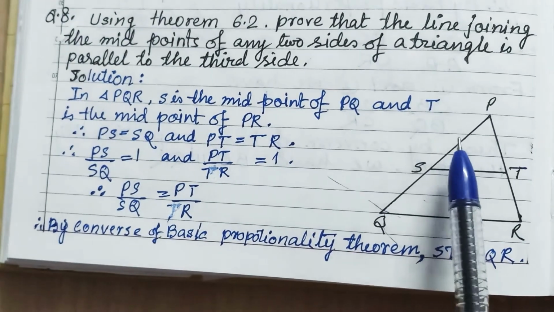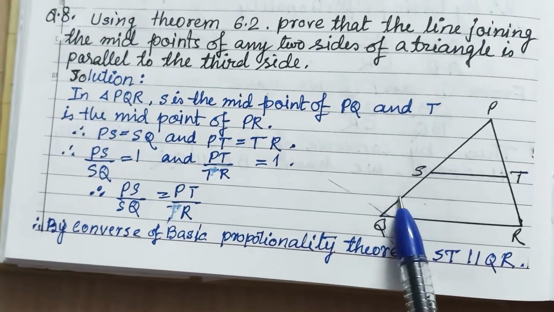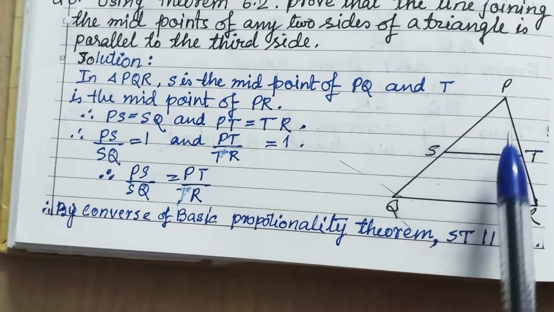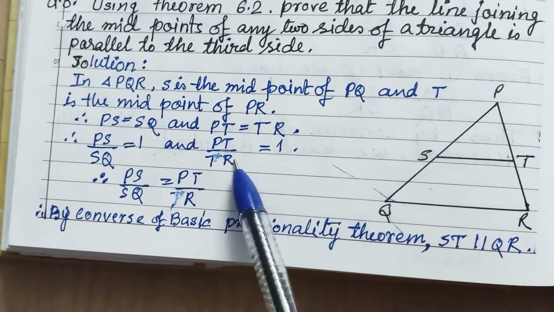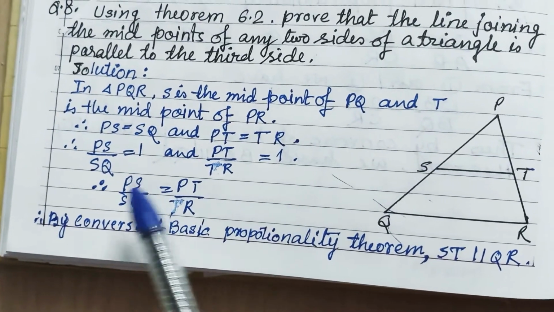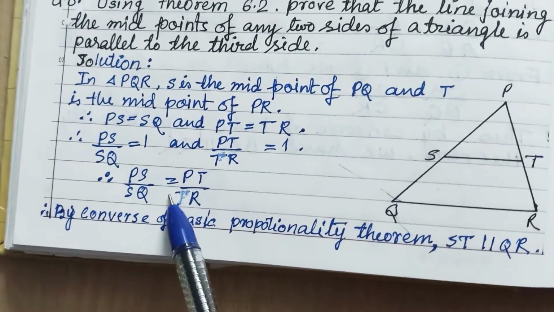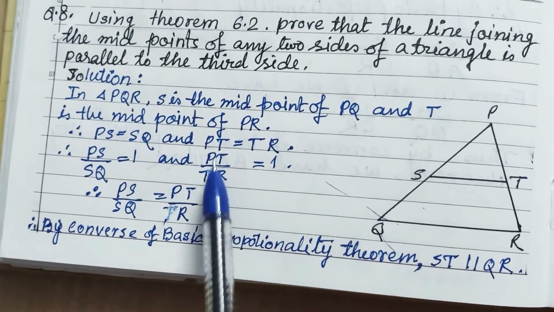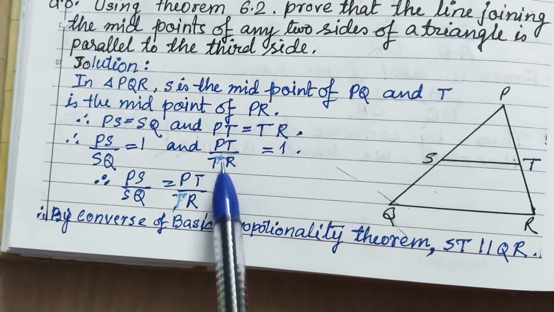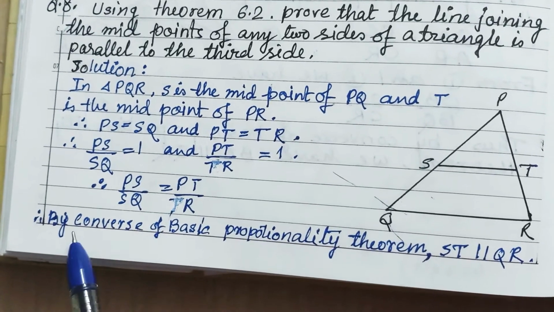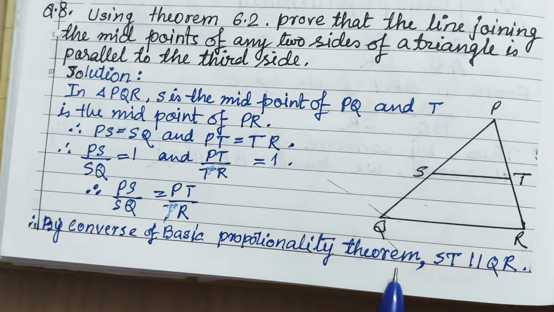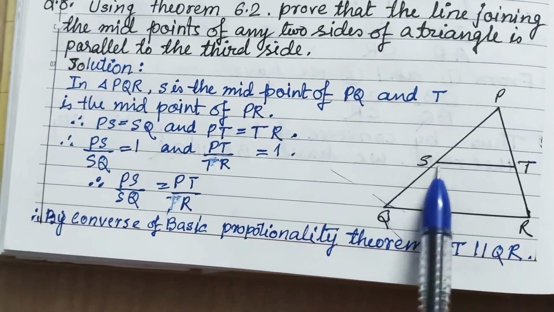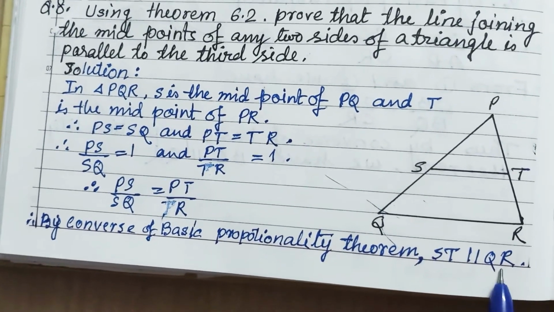Now PS upon SQ is equal to 1 because it is the midpoint, and PT upon TR is also 1. Therefore PS upon SQ is equal to PT upon TR. So by the converse of the Basic Proportionality Theorem, if these ratios are the same, then ST is parallel to QR.